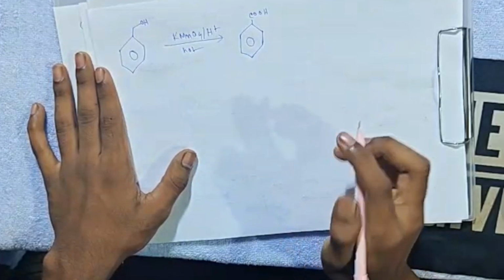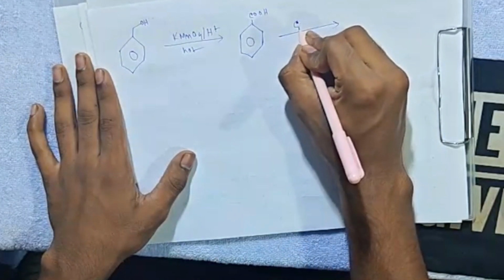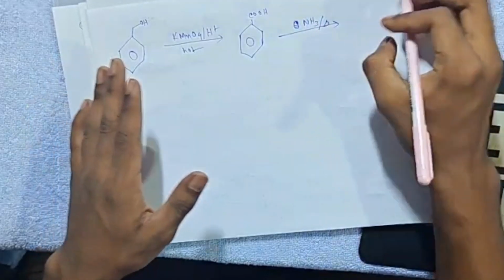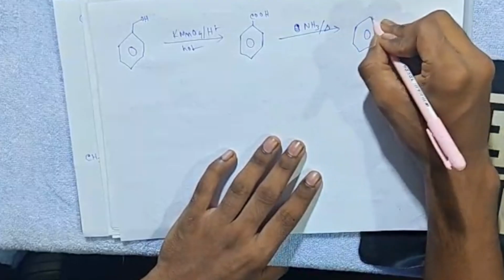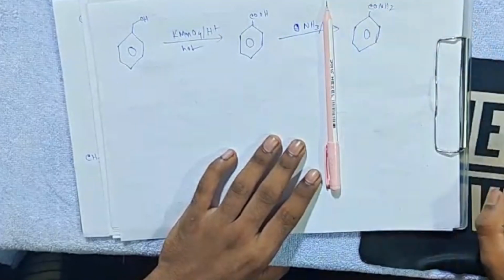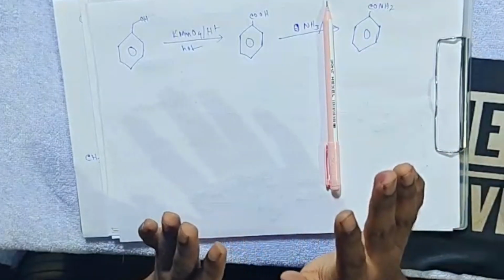Simple. And again we know, in this if we give NH3 and heat, just revising the reactions, it will get formed to CONH2.